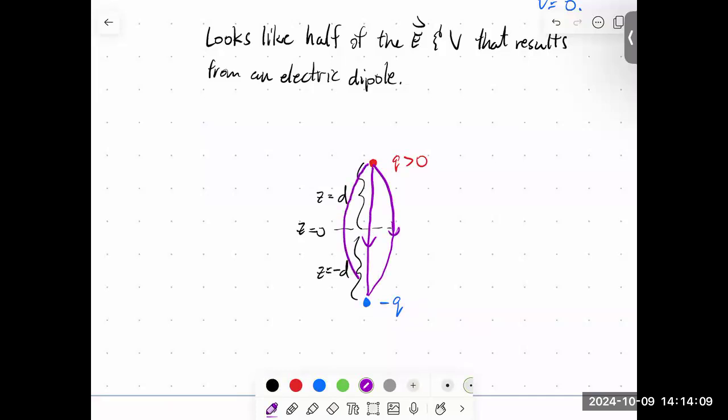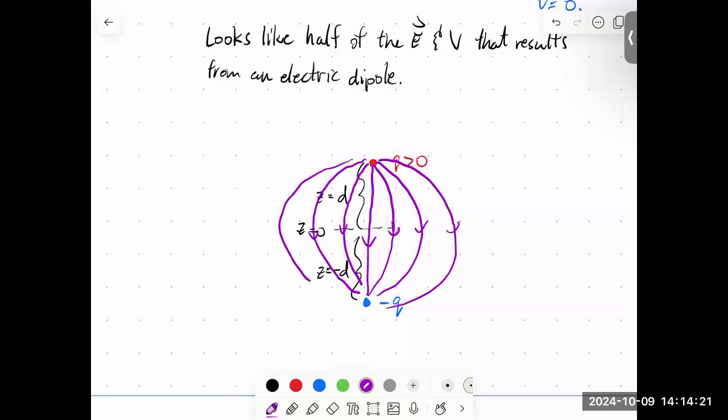And so, sorry, I'm going to draw over top of my dimensions here. So that's okay. And we'll add one more. And then away from the positive charge, we're going to get this sort of behavior.